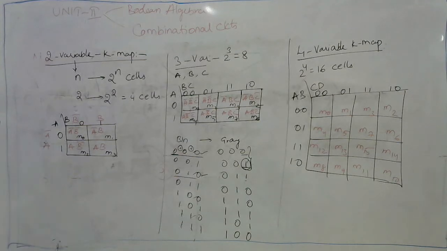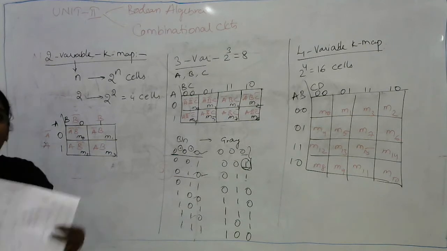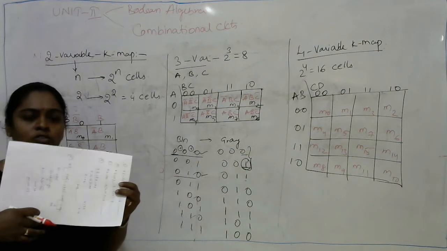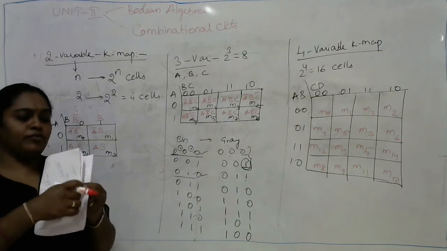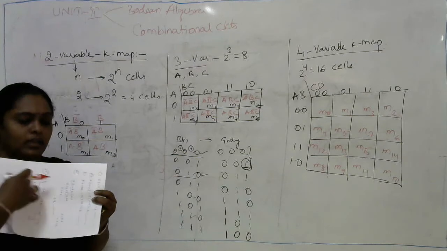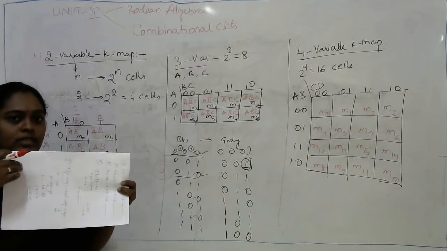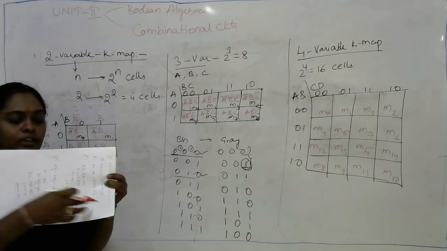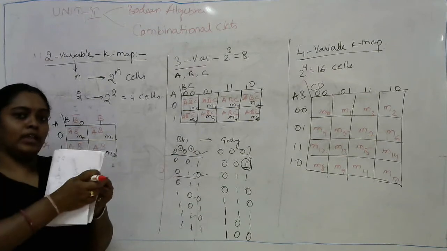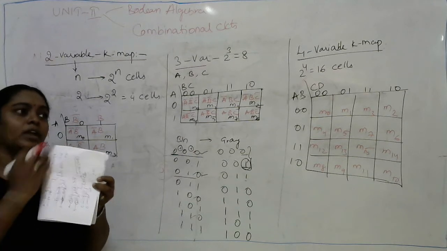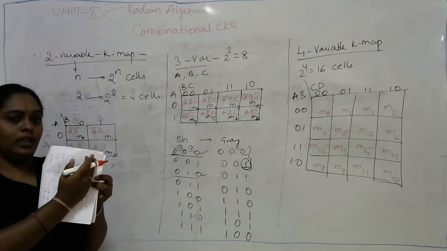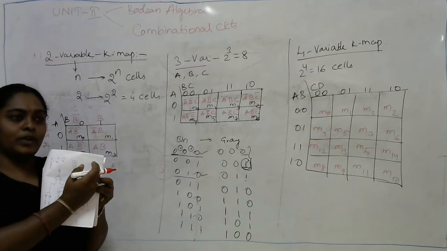Now, let me take an example. Let me assume that this is a two variable K-map. This is one cell, second cell, third cell and fourth cell. If I am folding this K-map in the horizontal way, this first cell will be overlapping on the second cell.